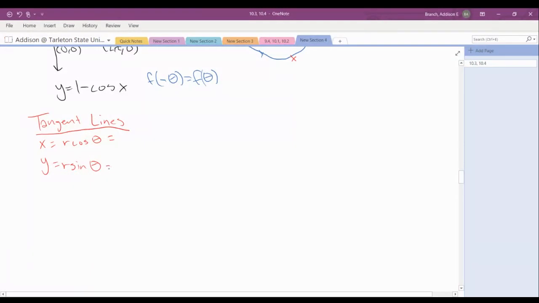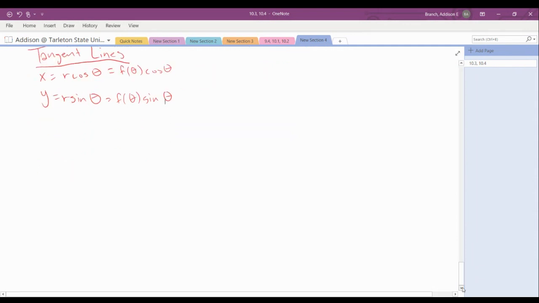But we can also rewrite these and replace r with f of theta. So we get f of theta cosine of theta and f of theta sine of theta. All right. So now we have actually defined x and y in terms of a single third variable. So we've essentially turned this polar into parametric.